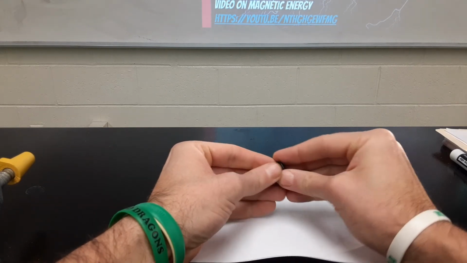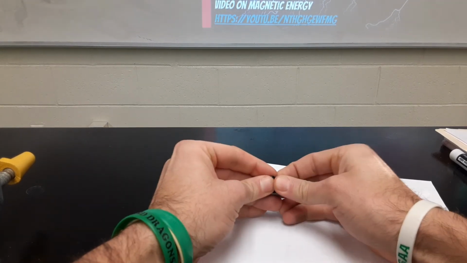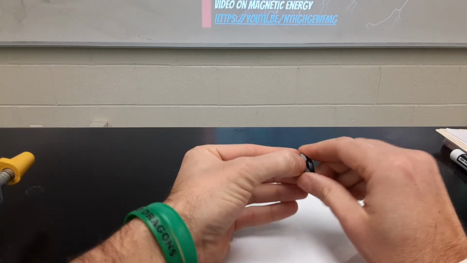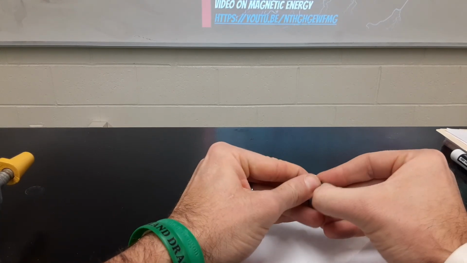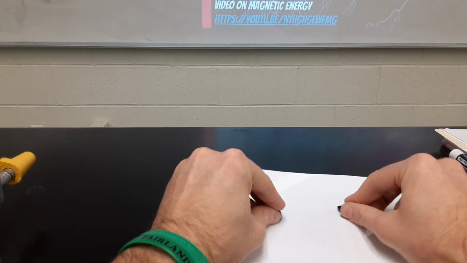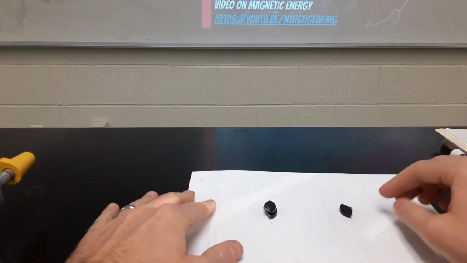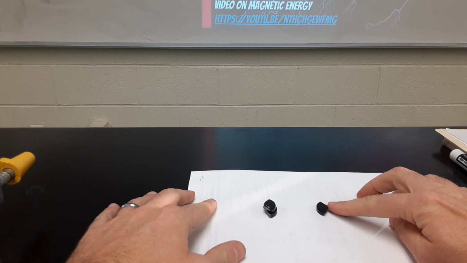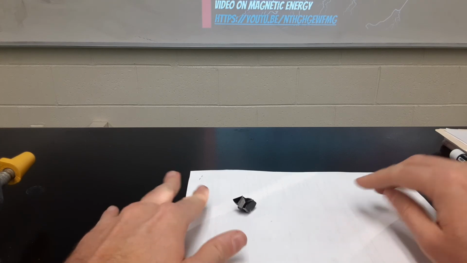That's all right. Now they're really hard to get apart. So I stretch them apart like a rubber band. They're stretched apart. And then once they get close enough, you can see they go back together. Okay?